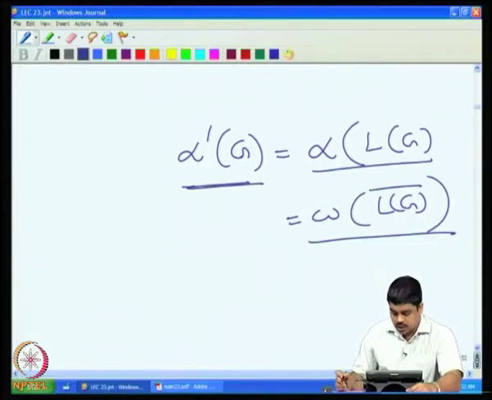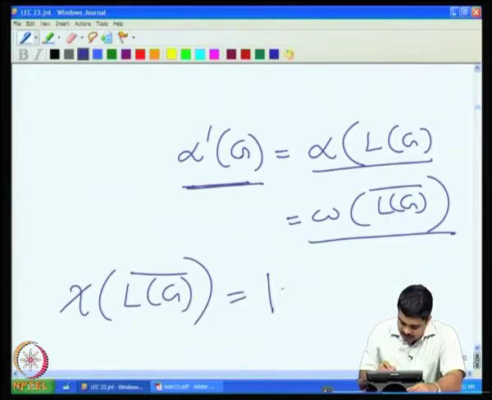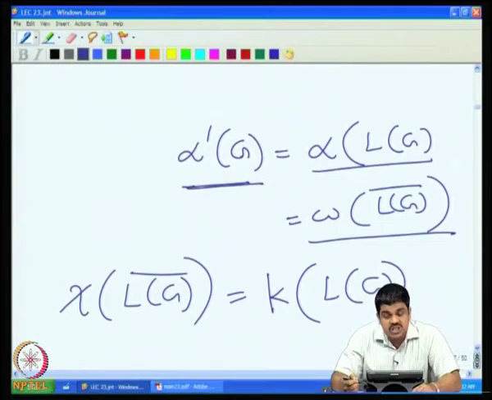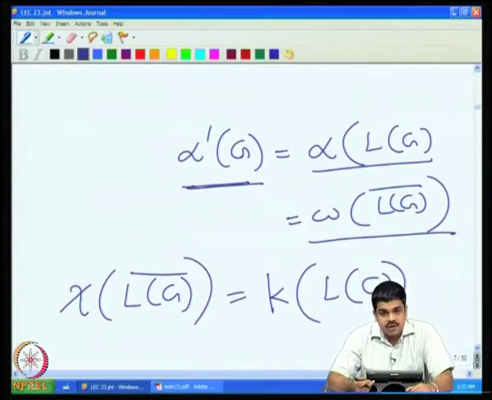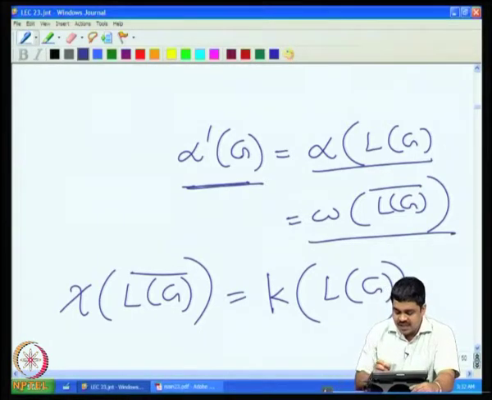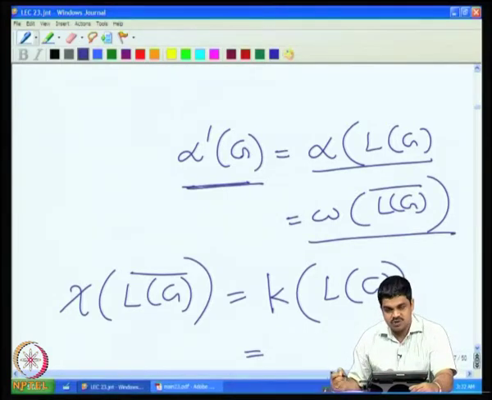Similarly, what is the chromatic number of the complement of L of G? Essentially, that is the clique cover number, which I can denote K of L of G. Each clique of the line graph of the bipartite graph corresponds to the collection of edges incident on a vertex in the original graph. The vertex set of the line graph is the edge set of the original bipartite graph.